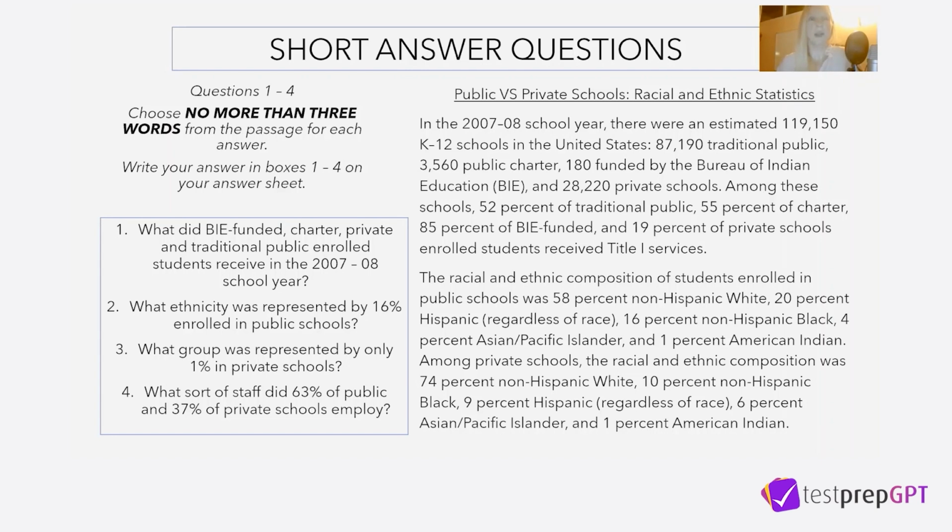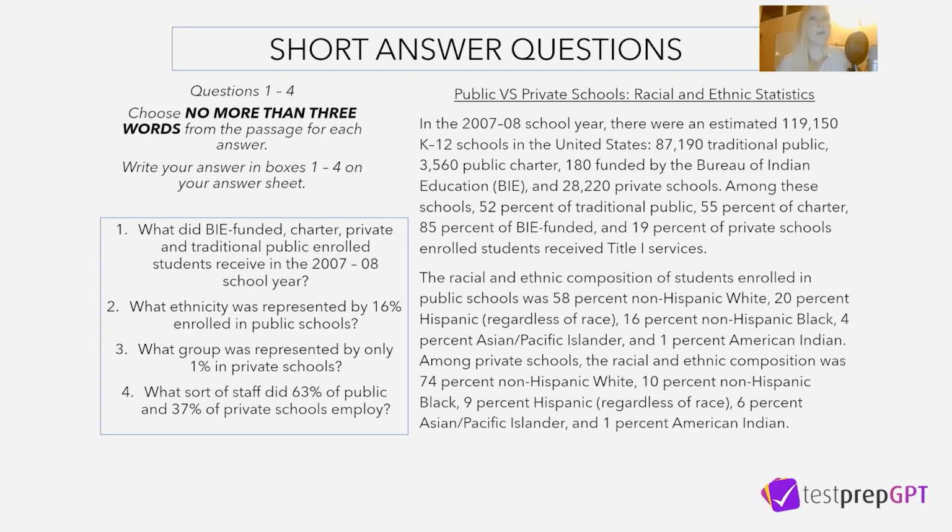So 1, what did BIE funded charter, private and traditional public enrolled students receive in the 2007-2008 school year? So that's the first question, and then you have 3 more questions, relatively similar.